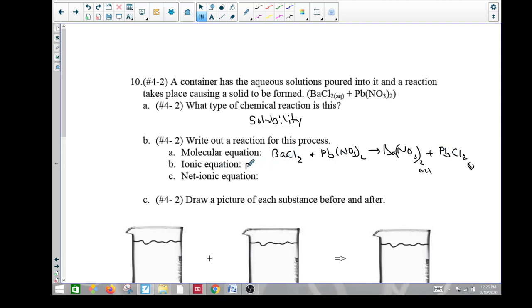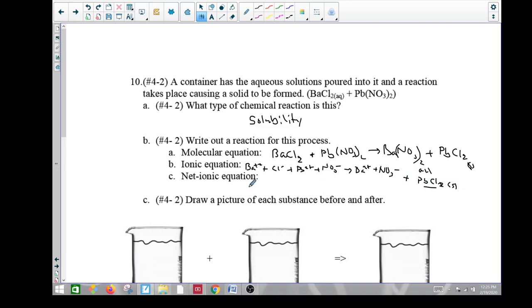The ionic equation is Ba2+ plus 2 Cl- plus Pb2+ plus NO3- yields Ba2+ plus NO3- plus the last one, PbCl2, which I keep together because it is in fact a solid.